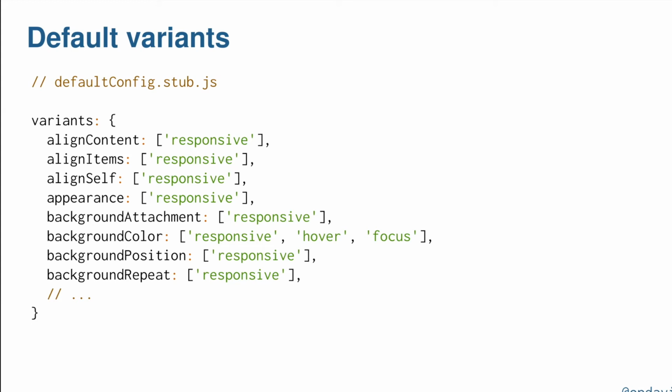On the right is the array of states we want them to be enabled for. So we can use the align content classes responsively. We can use background color on hover and focus as well. So they've given us a nice set of defaults that we can use, which sort of makes sense. You probably don't want to change the align content on focus, for example, but you can if you want to.